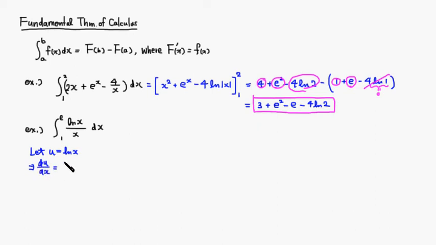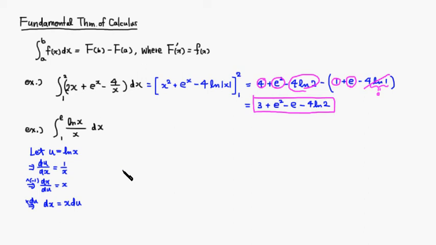It's going to be 1 over x. Then take the reciprocal of both sides. You have dx over du is equal to x. Then we can multiply both sides by du, so dx is equal to x times du.